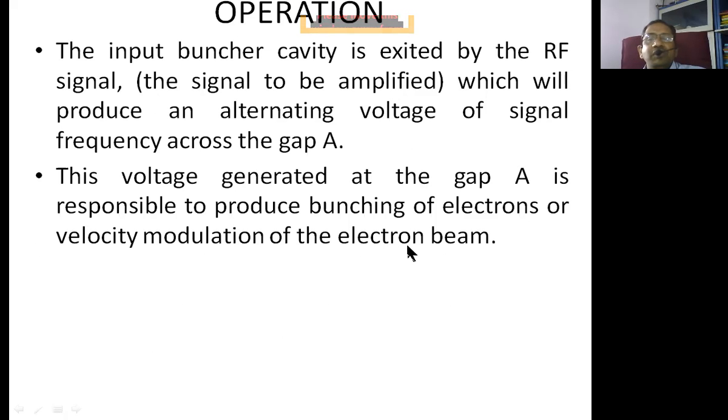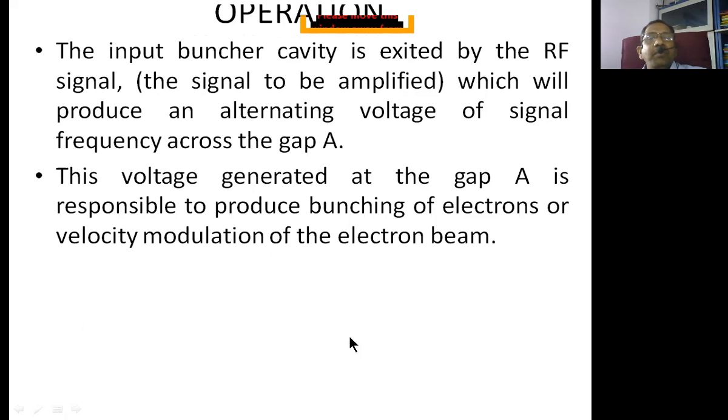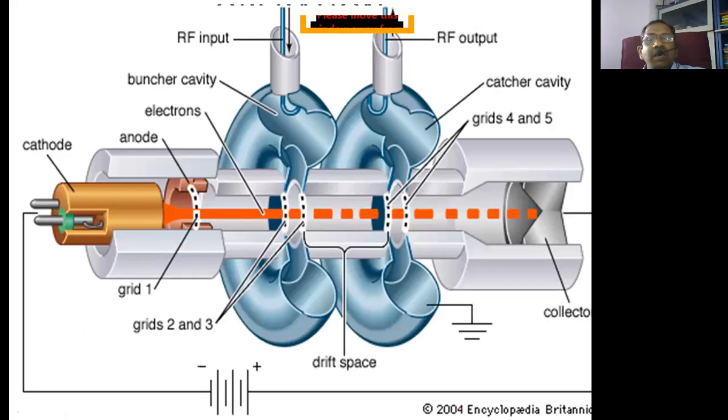Because of this velocity modulation, the amplitude of the signal is going to increase in the drift space. Thereby we get more signal at the output, and that output is collected from the catcher cavity. Okay. So this is the operation of the multi-cavity klystron amplifier.